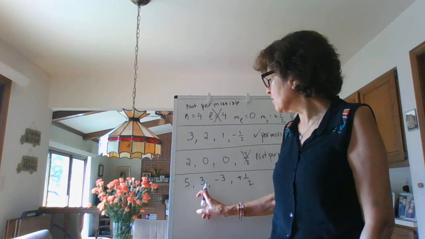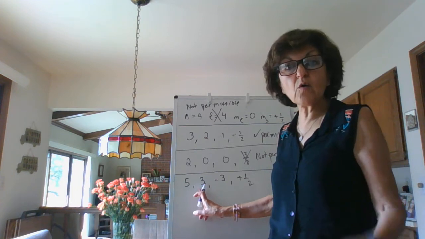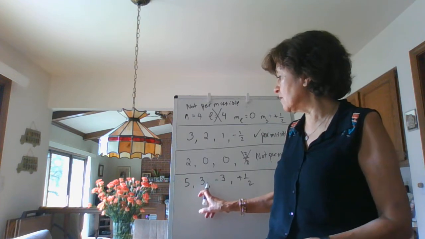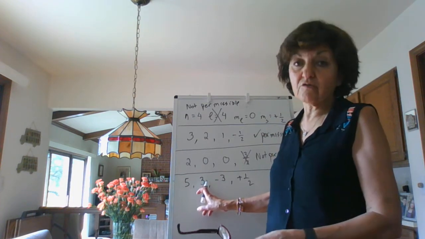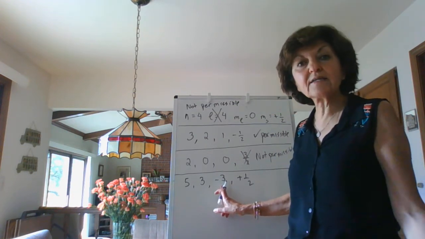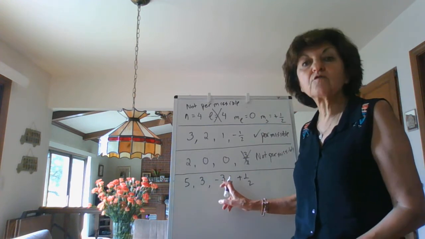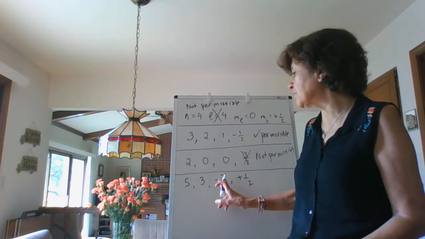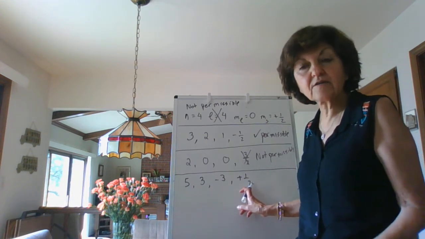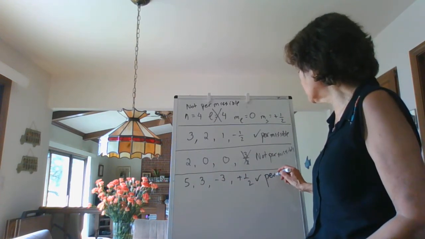The angular momentum quantum number can go from 0 all the way to N minus 1, which is fine because this is N minus 2, which is totally fine. Well, this is good. This one has to be from minus L all the way to plus L. So it could be minus 3, minus 2, minus 1, 0, plus 1, plus 2, and plus 3. So this is fine. Plus 1/2 is also fine because it could either be plus 1/2 or minus 1/2. So yep, this one's fine. This is permissible.